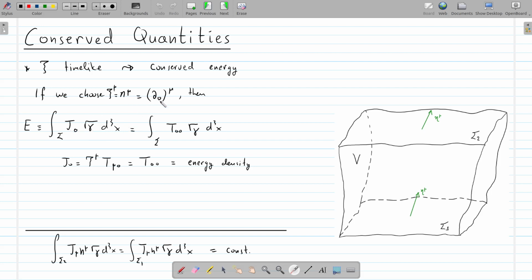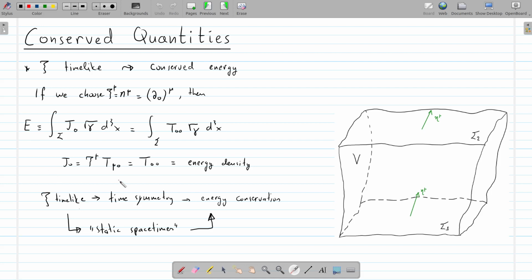And by choosing the time coordinate to be given by the time-like vector field Xi, then this is nothing but the T00 component of the stress energy tensor. And the 00 component of the stress energy tensor is nothing but the energy density. So we understand why we call this quantity energy. And of course it is useful because it is conserved.